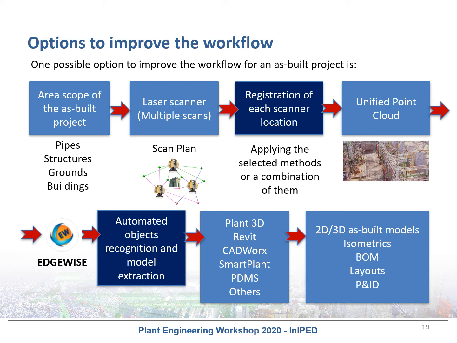In order to increase the results obtained using Edgewise tools, we have to modify or improve our previous workflow, doing the registration process individually for each scan. Then, Edgewise will be able to create a point database from your scan data, showing you a unified point cloud as a previous result.